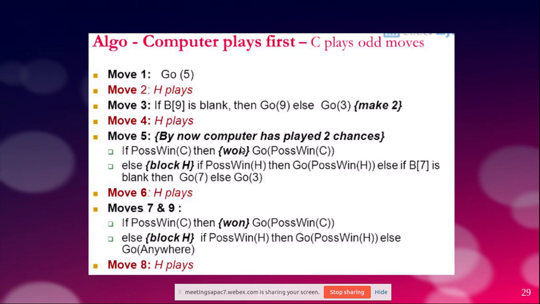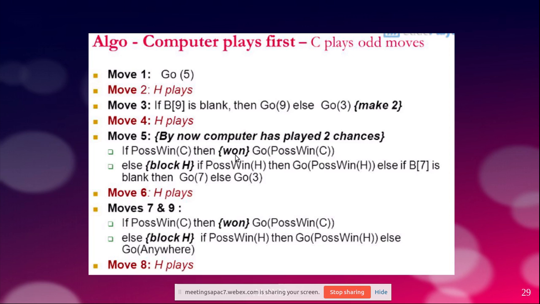In the earlier case you don't have to check the 8 products, because there was no chance of a winning or losing option, since only one move was done. But at move 5, both computer and human have done 2 moves.